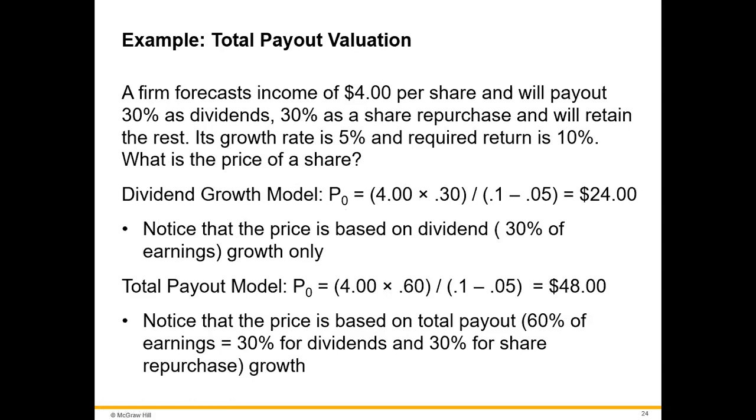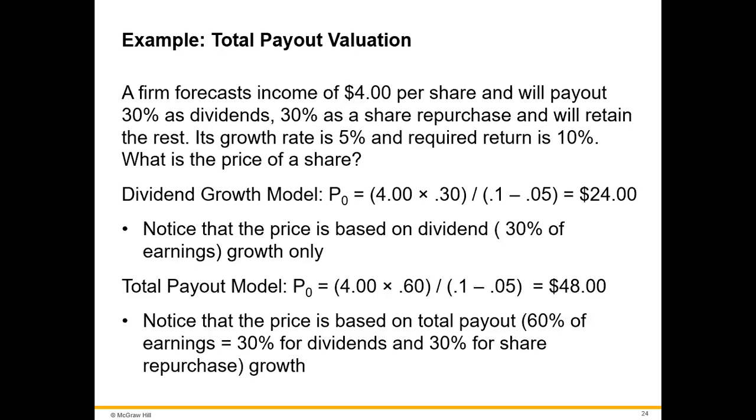I didn't see the total payout model in here, but they talk about it. So the total payout model says, no, now take all the payout. You're basically using the dividend growth model, but instead of just accounting for the money being paid as dividends, account for all the payout that the shareholder is going to receive.